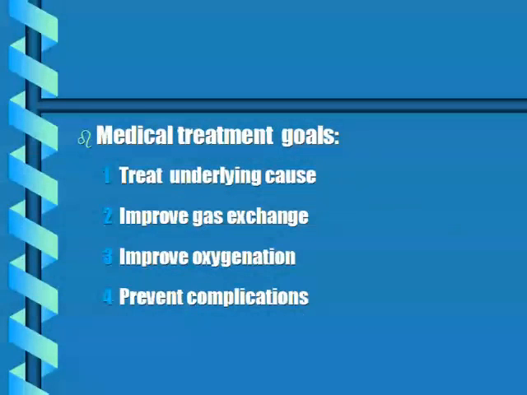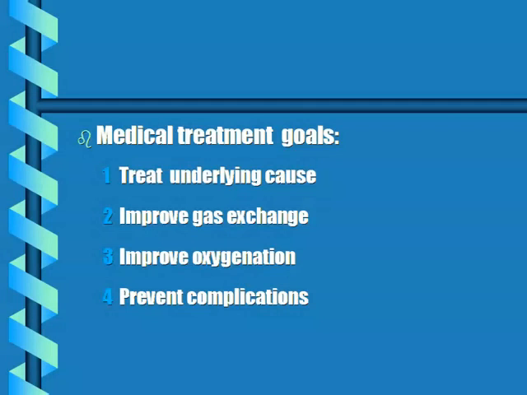Your medical goal is to treat, of course, the underlying cause. Then you want to improve the gas exchange, and you do that by placing them on a ventilator to keep your PaO2 at 90% with less than 50% FiO2. Tidal volume is usually done at 6 milliliters per kilo to decrease the amount of barotrauma that might be there. Respiratory rate 20 to 30 per minute to decrease your PaCO2.